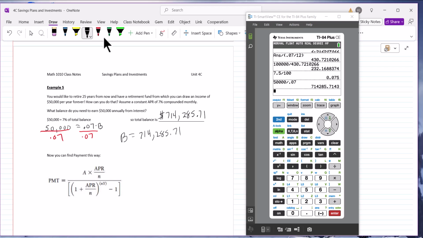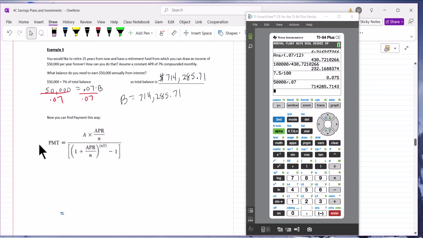So I did that kind of indirectly. Now, this is a formula. This is the same formula that you've been working with today, but it's solved for payment. So I would recommend, if you don't want to set up the equation and solve like you did on the previous problem I had you work, you can use this formula, okay? So what we're going to do in this problem is we're just going to set up this formula.